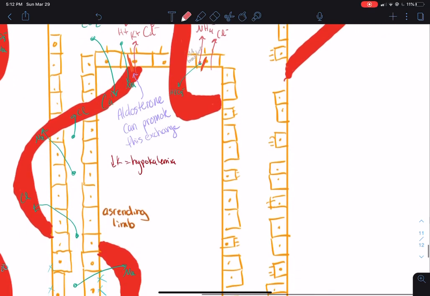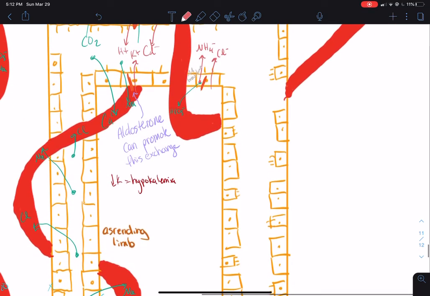So first things first, easiest piece, let's talk about acid-base balance. At this point, we have a pretty acidic environment, assuming that everything's turned on, but sometimes we might not have a really acidic environment.